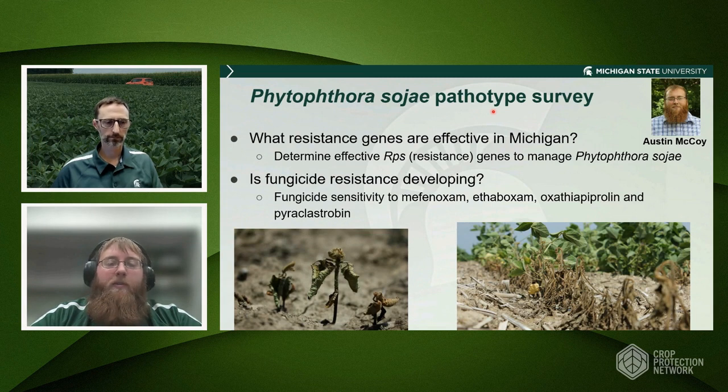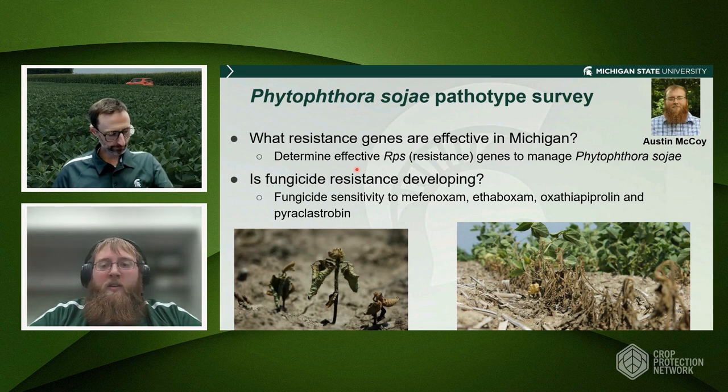What pathotypes are in your field? Is that resistance gene going to be effective for disease management? So the race versus pathotype, they're both describing similar things in different ways. And we just feel that pathotype is much more translatable to everyone instead of race.